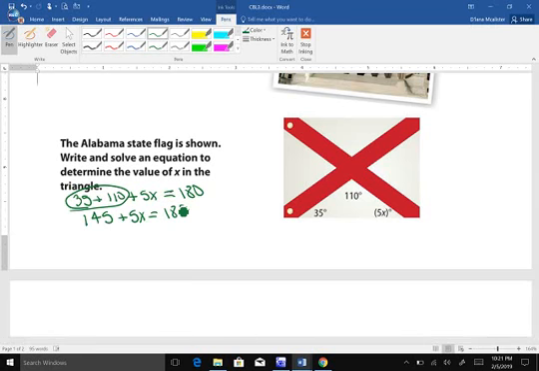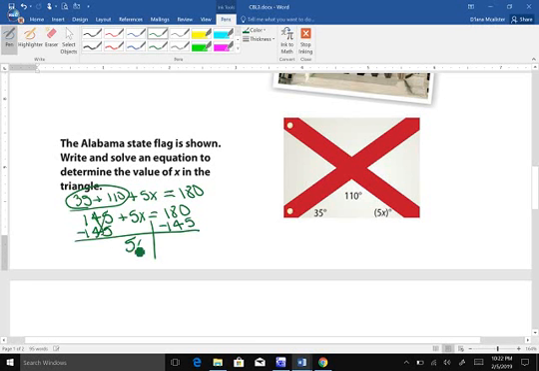So the first thing I need to do is subtract 145. So I get 5x equals 35.